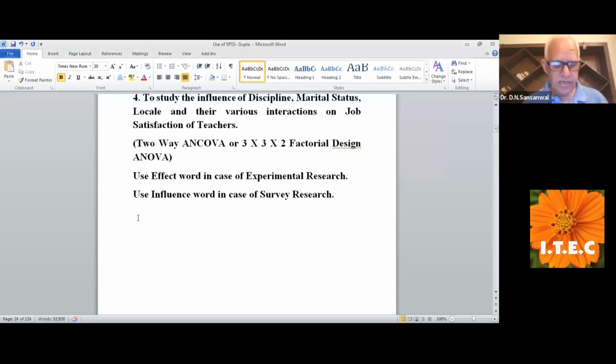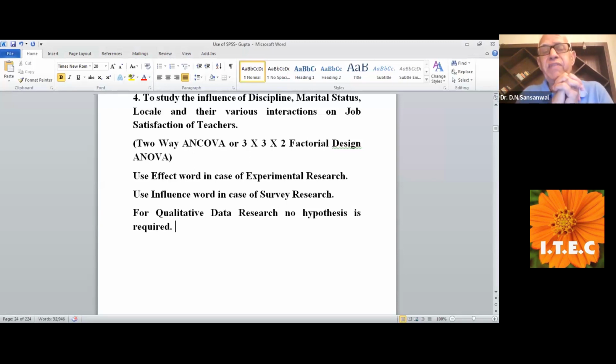So for qualitative research, no hypothesis is required. But if you have the quantitative data, then you must write the hypothesis.